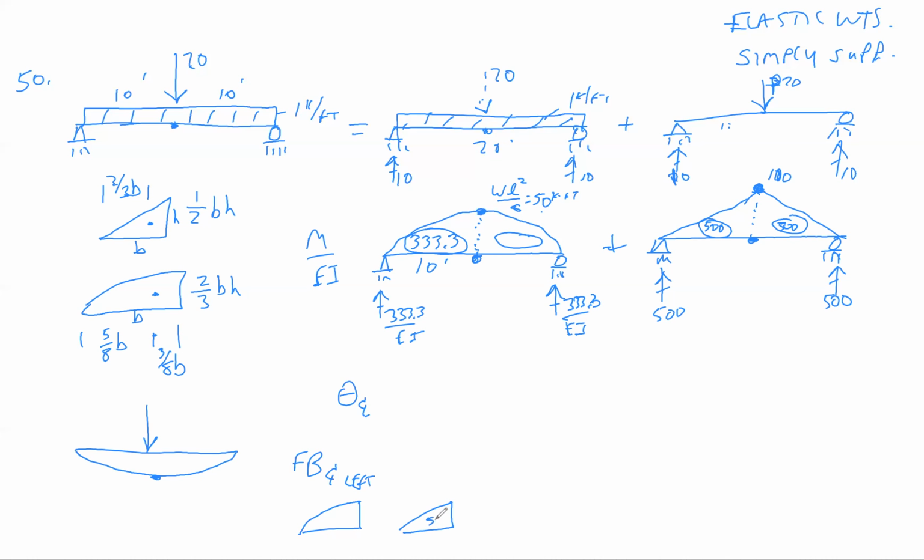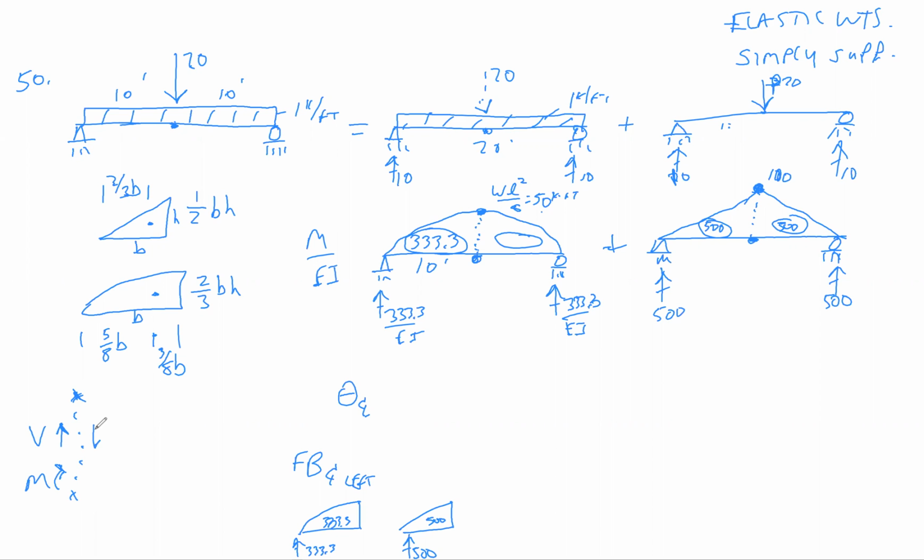The area here is 500, but the reaction is 500. The area here is 333.3, but the reaction is 333.3. Remember, we do have positive sign convention. So this is any section, x to the x, or whatever. As we look to the left of a section, up is positive, or clockwise moment.